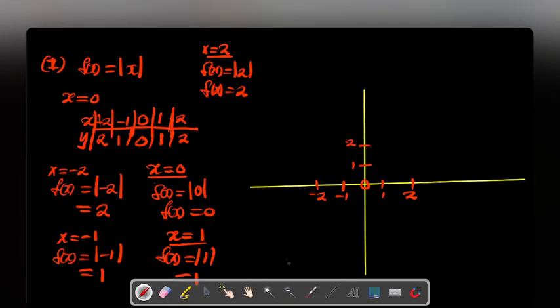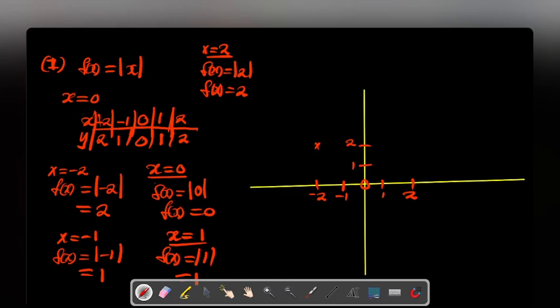Now we need to plot our graph. We have -2, +2, so just straight where these lines intersect, we have a point there.